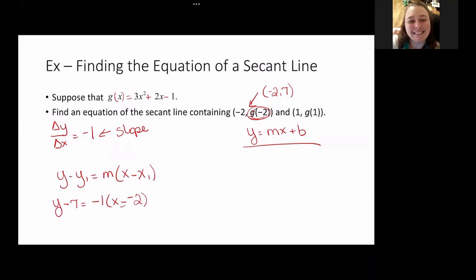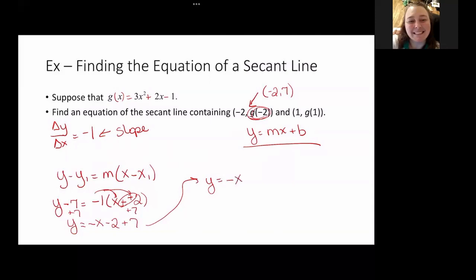Okay, we've got those negatives. It makes it a plus. Then we want to distribute that negative. Okay, y equals negative x minus 2 plus 7. So we've got here, I'm going to come over here, y equals negative x plus 7, and a minus 2 is a plus 5. So that's my equation of that secant line.